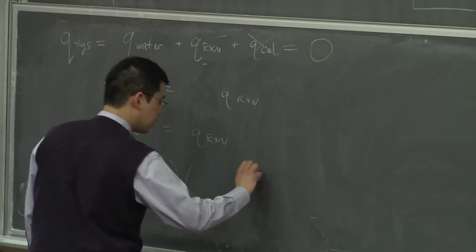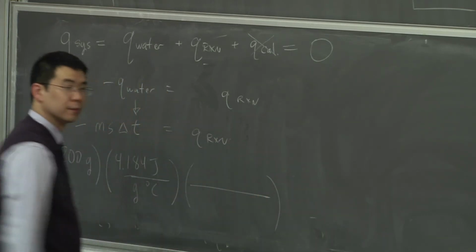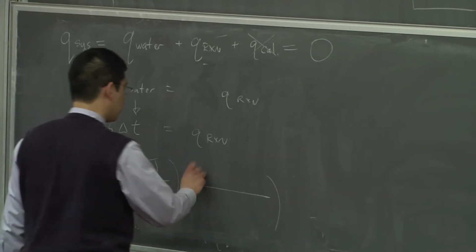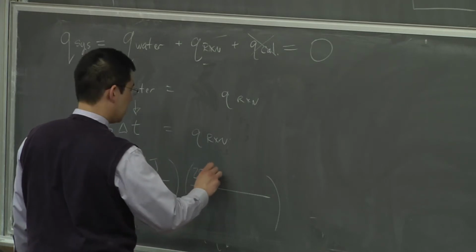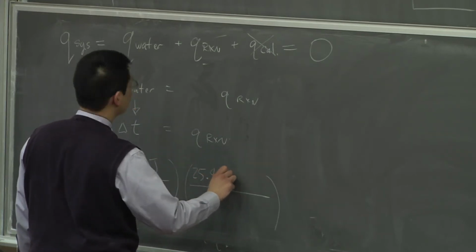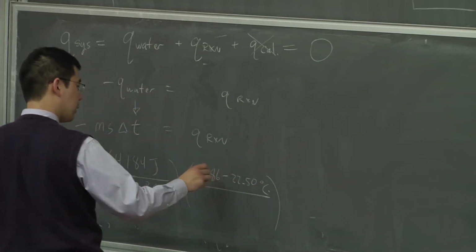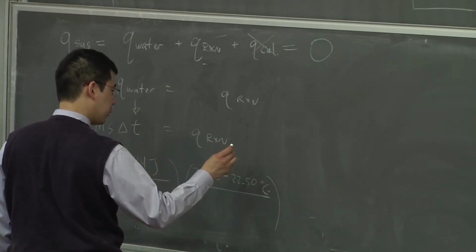And what's delta T? Yeah, final minus initial. So 25.86 minus 22.50 degrees Celsius. And if we do that, it's going to give us 3.36, right?